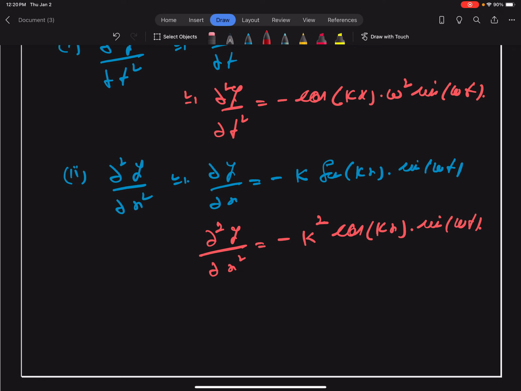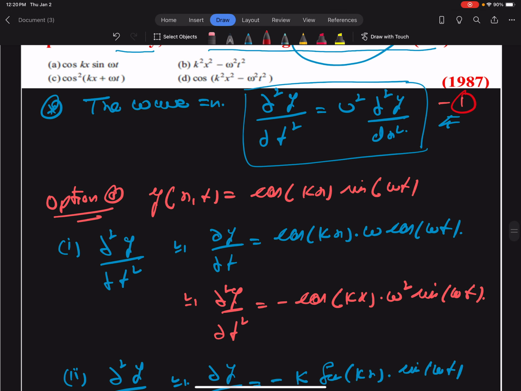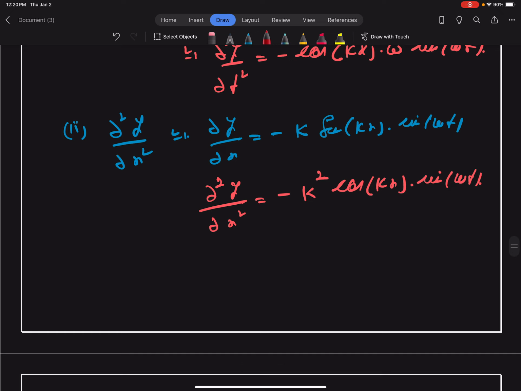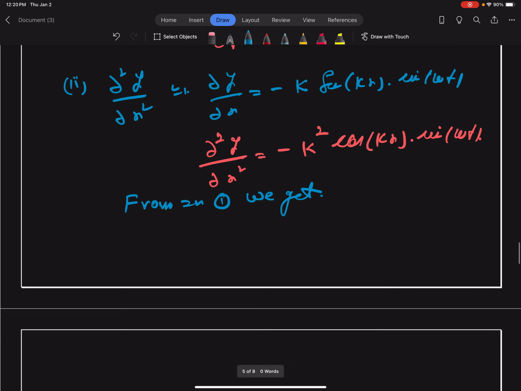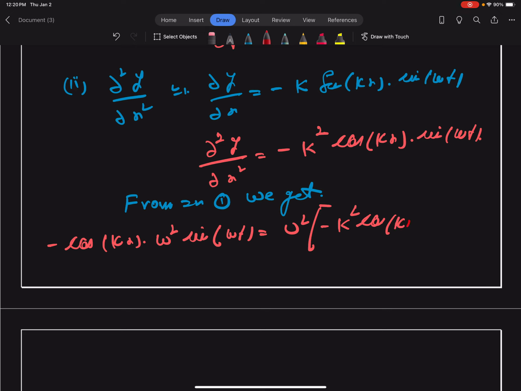Now substituting, let us call this equation number 1. So from equation 1, we get minus cos kx omega square sine of omega t equals v square times minus k square cos of kx multiplied by sine of omega t.